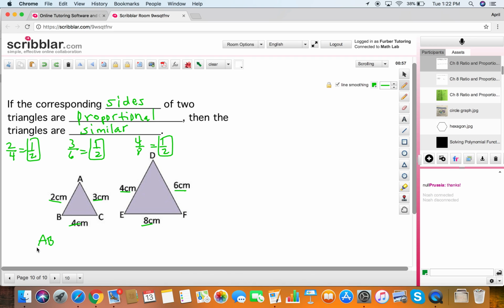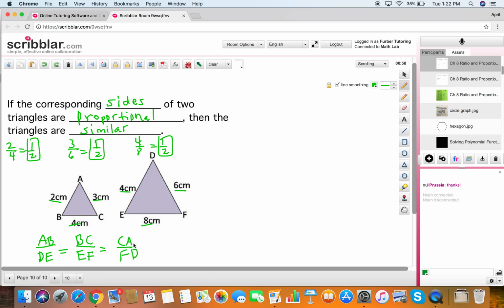AB corresponds to DE. And BC corresponds to EF. And CA corresponds to FD.